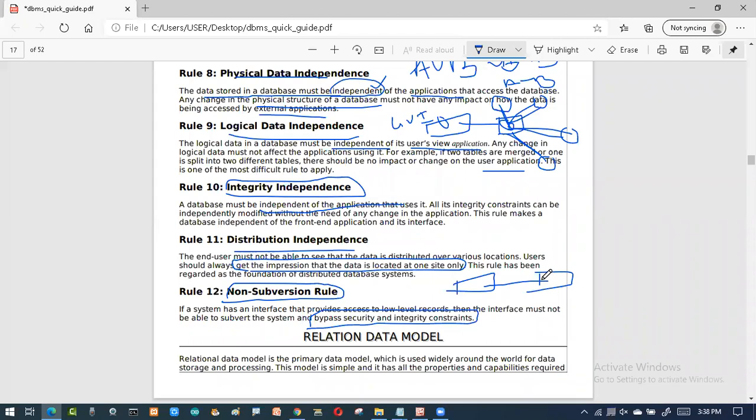You should not peep into this without his knowledge. If I want to test whether this person is getting the food from Bawarchi or some other hotel, and without informing him I go directly into Bawarchi to see how the food is made, then you are bypassing the rule. That means you are breaking the security, and whenever you are breaking the security, you should not be able to get the data.